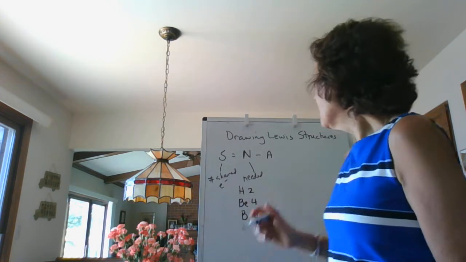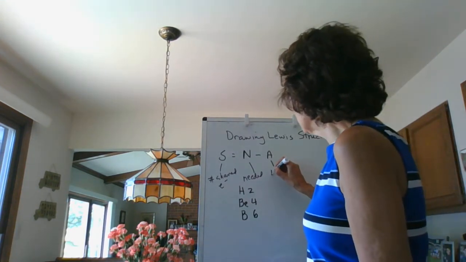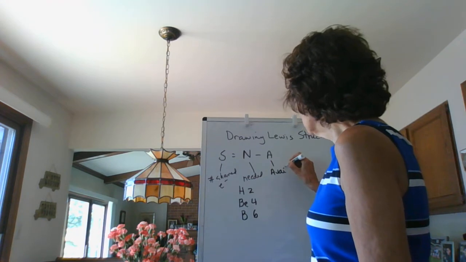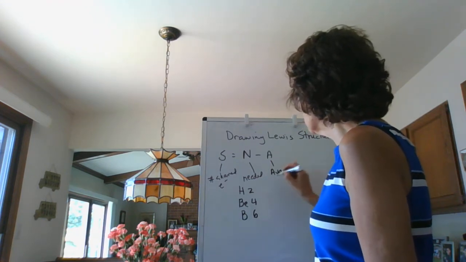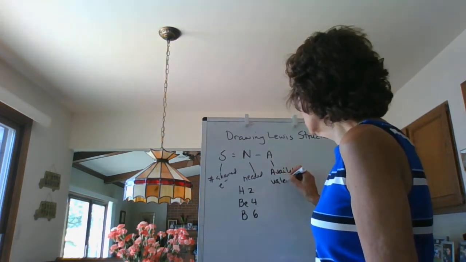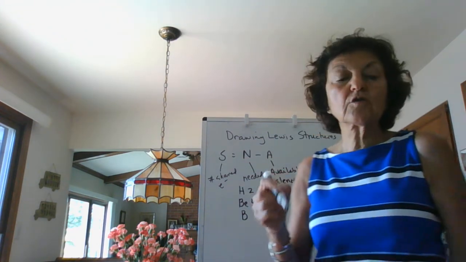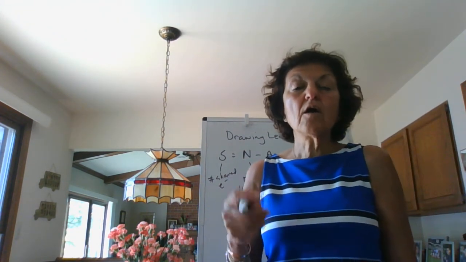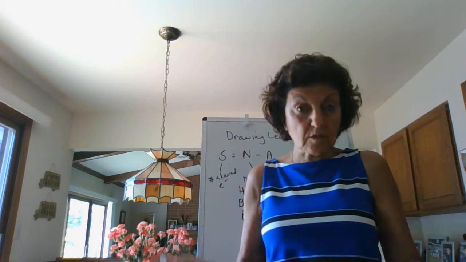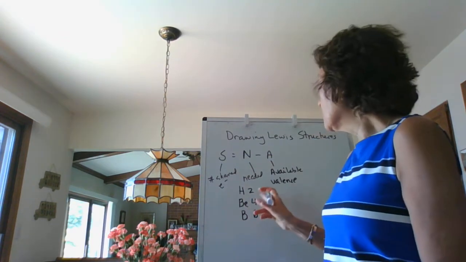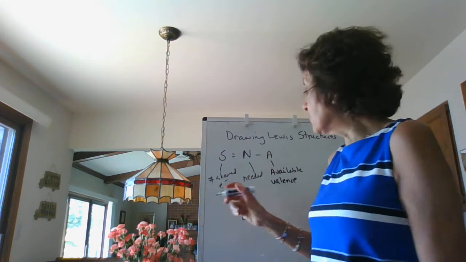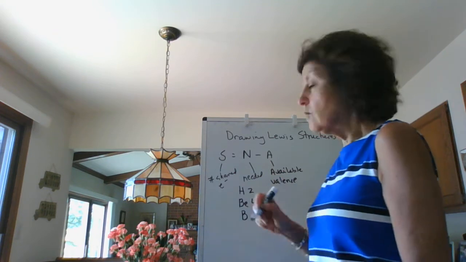Okay? The A value is available. Basically, this is your valence electrons. How many valence electrons do you have? How many are available to do some bonding? With hydrogen, obviously, it would be 1.